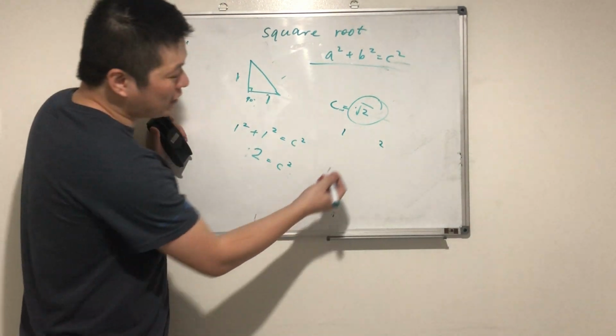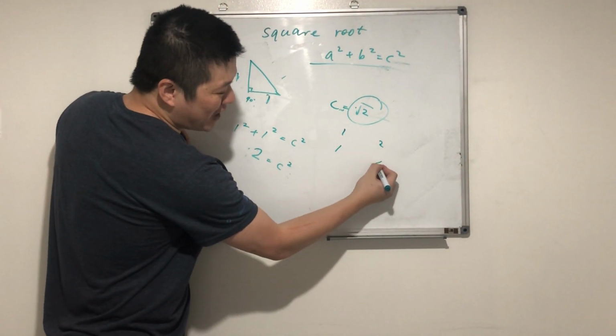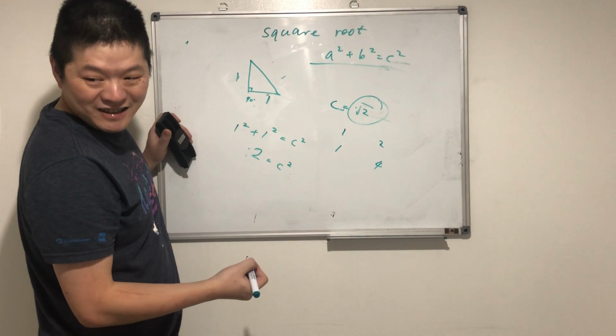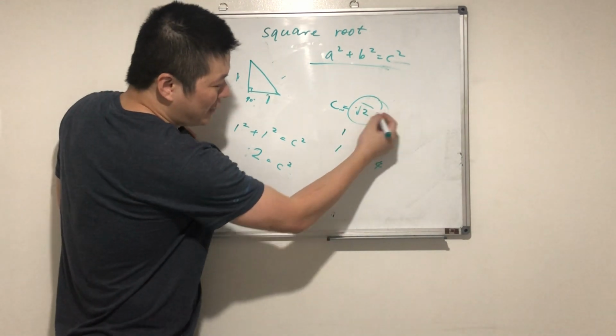Because 1 squared is 1, right? 2 squared is 4, right? If we square it, it's 2.